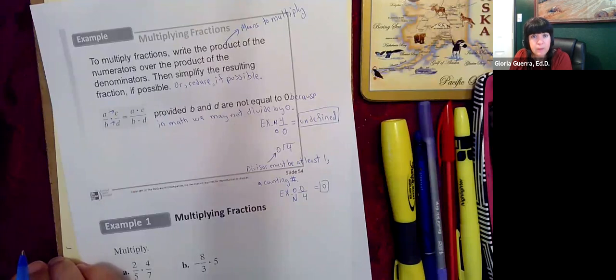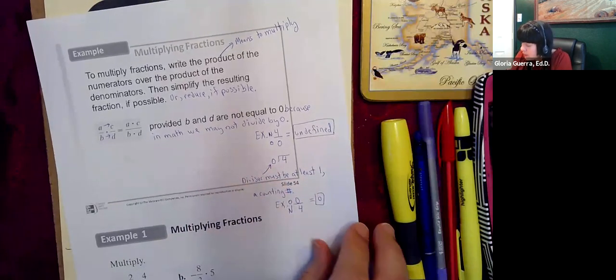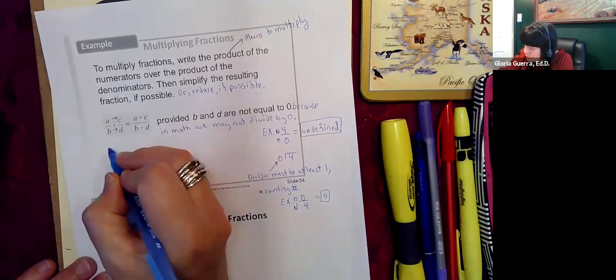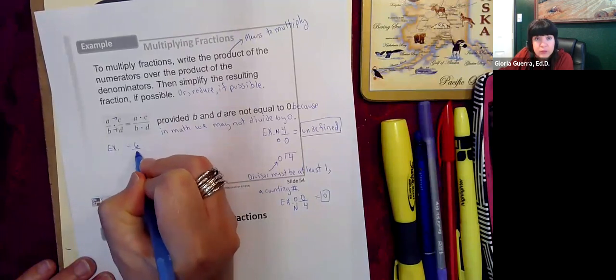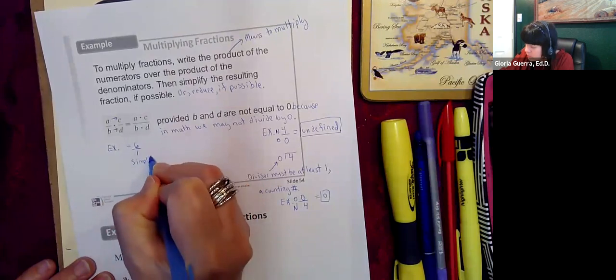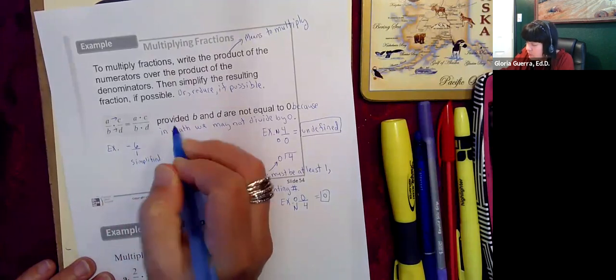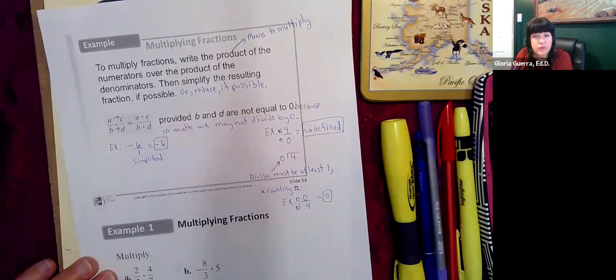Okay. Now an example of simplifying and reducing, let's say I had a negative 6 over 1. Okay. So this can be simplified. That's just going to give me negative 6. That's an example of simplify.